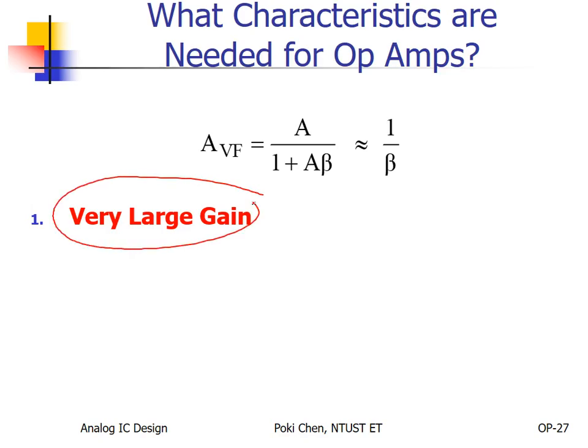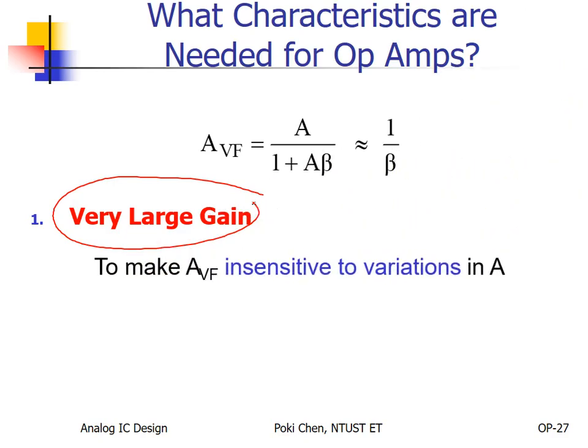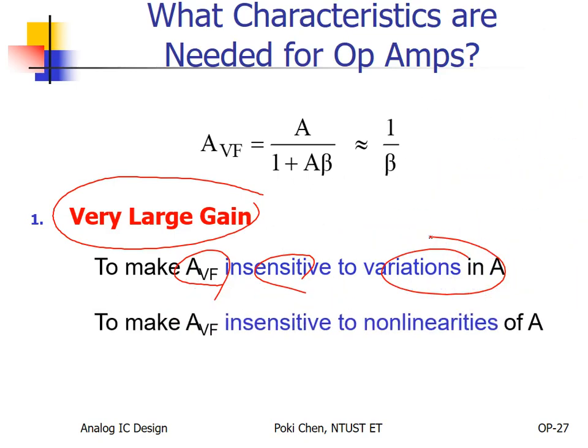Maybe you will say, to make the feedback overall gain insensitive to the variation of your op-amp. Also, I told you already, what is the most important slogan for negative feedback?